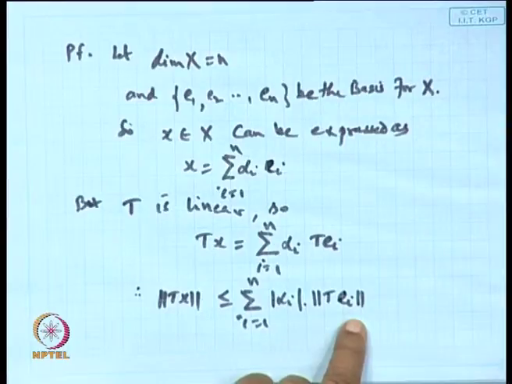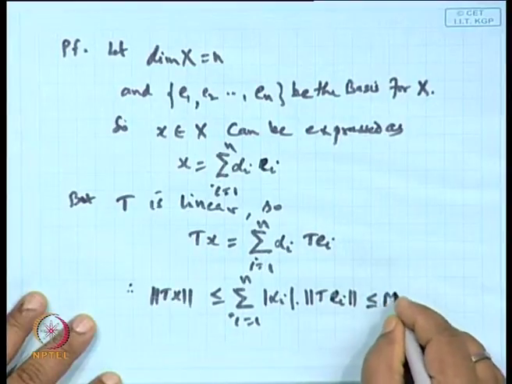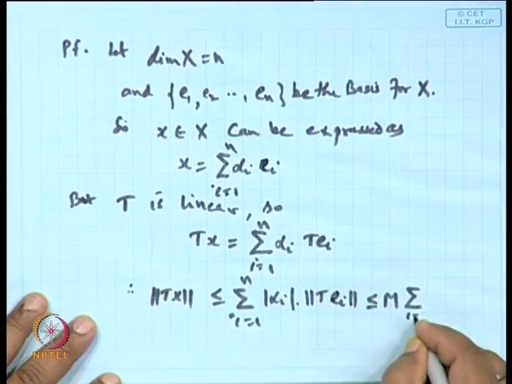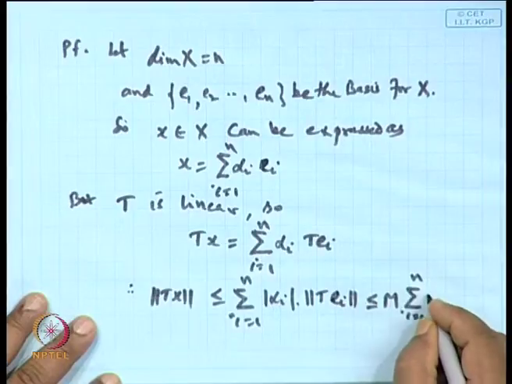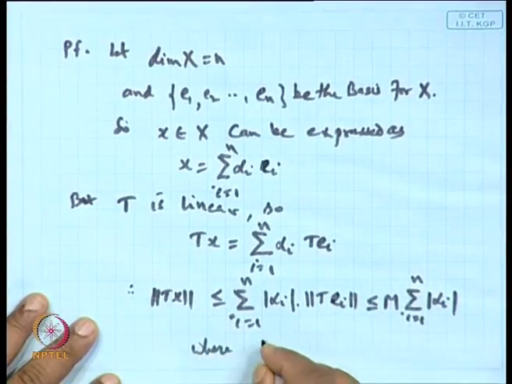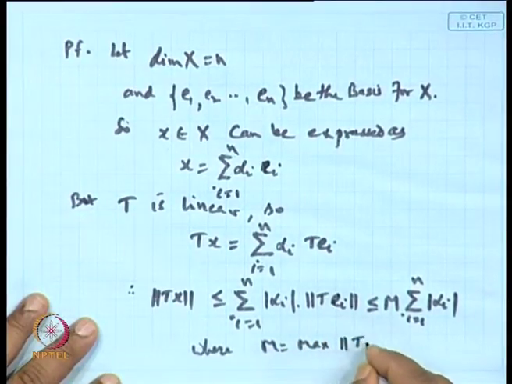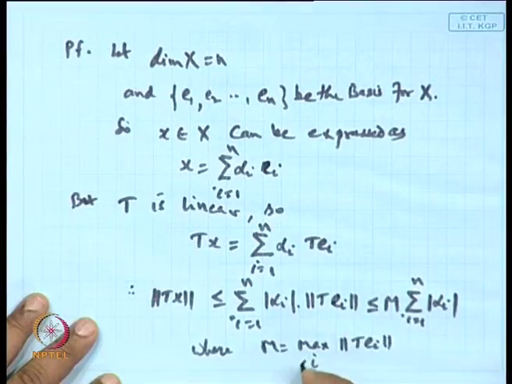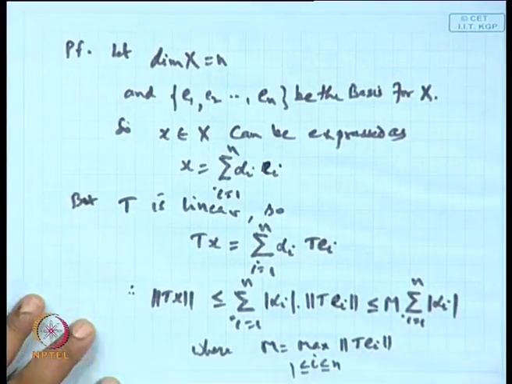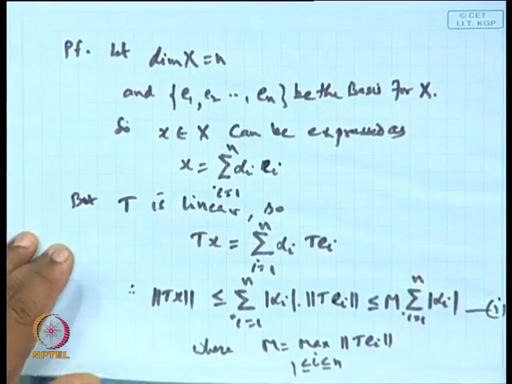So, this is the length of the vector T(e_i). Replace this by a maximum value. So, let it be M into the sum i equal to 1 to n of mod alpha_i, where M denotes the maximum value of norm T(e_i), where i is varying from 1 to n. Okay. So, we are getting this; let it be equation 1.